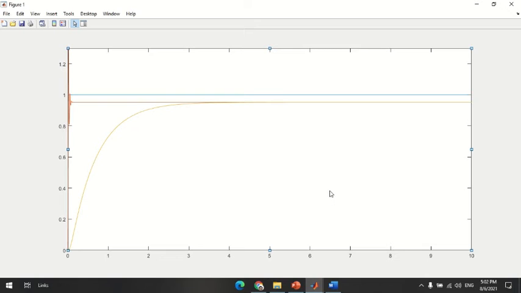So we make this plot, and then we try to get the result for TR, which is 0.9 of the final value. We find the y-axis value which is nearest to 0.9.